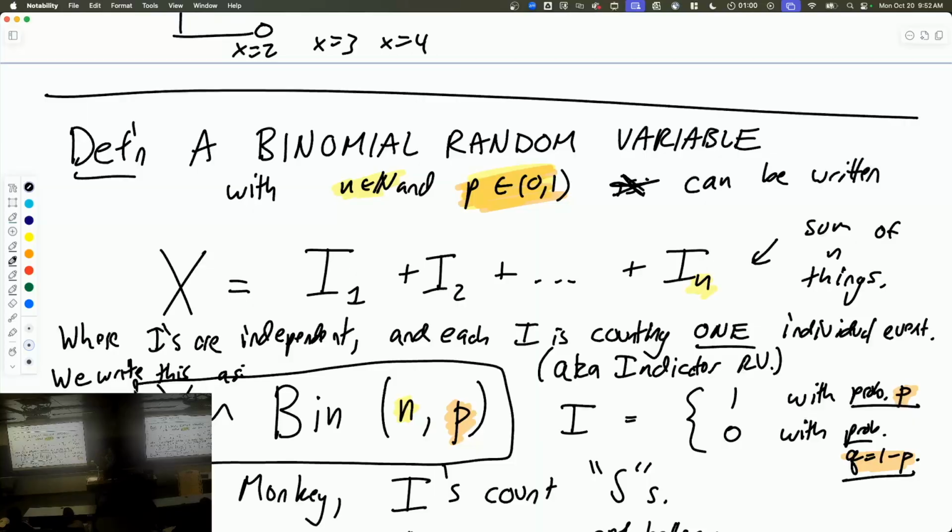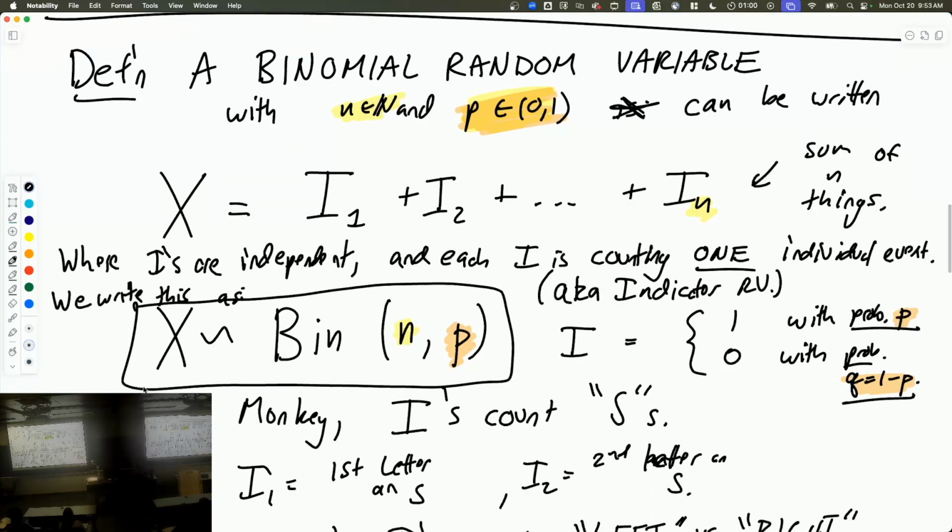Yes, bin is an abbreviation for binomial. All right. This is important because I think you have a homework problem where it says find bin of question mark, question mark. You have to fill in the blanks, and you have to know what it means.